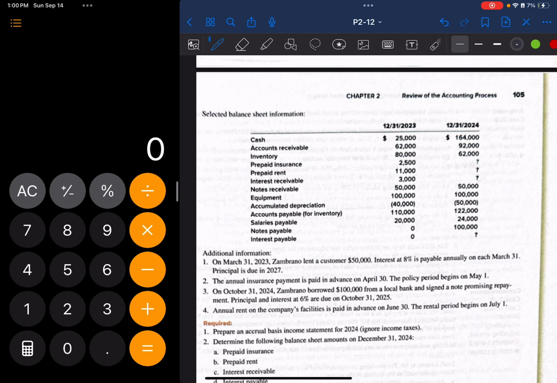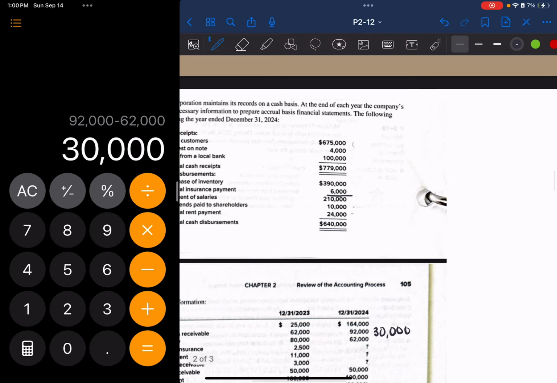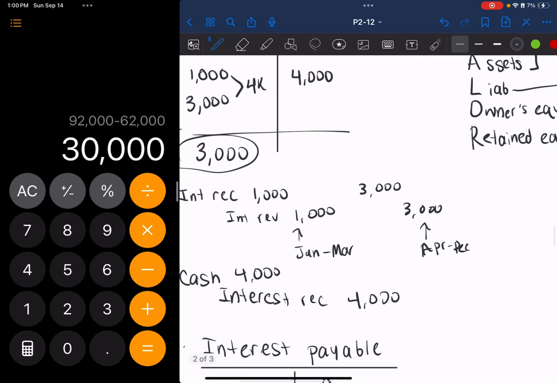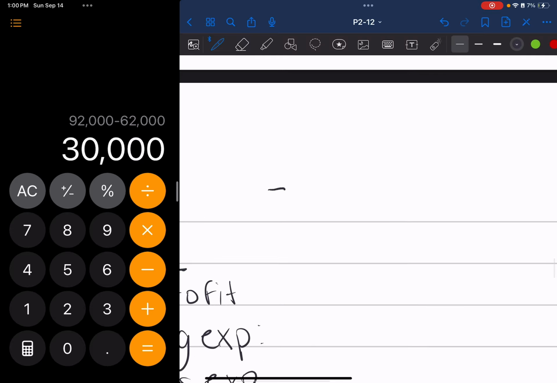So basically it would be 92,000 minus 62,000, so a change of 30,000. That means sales are 30,000 more than cash receipts of 675,000, so it would be 705,000 for sales.